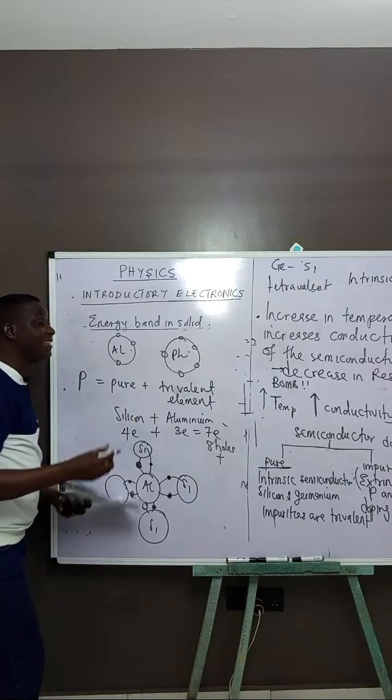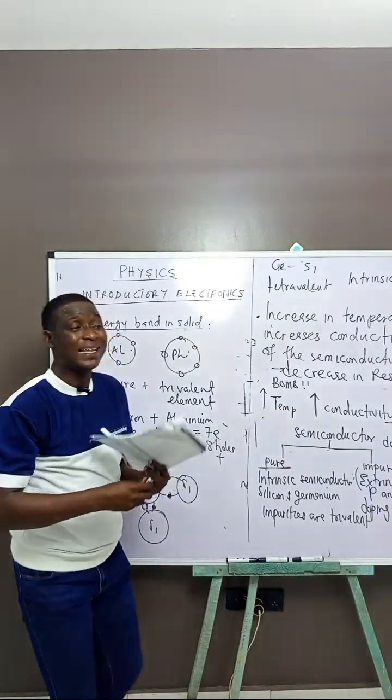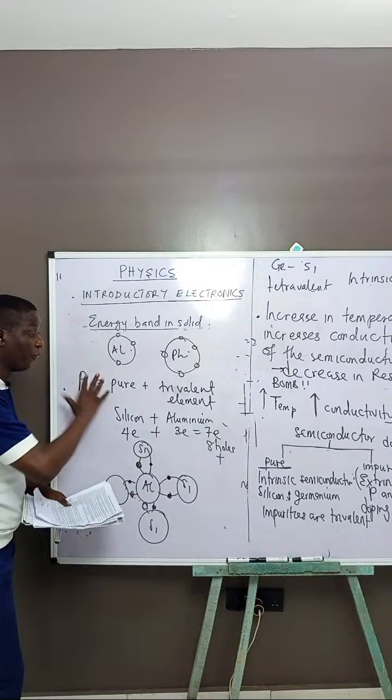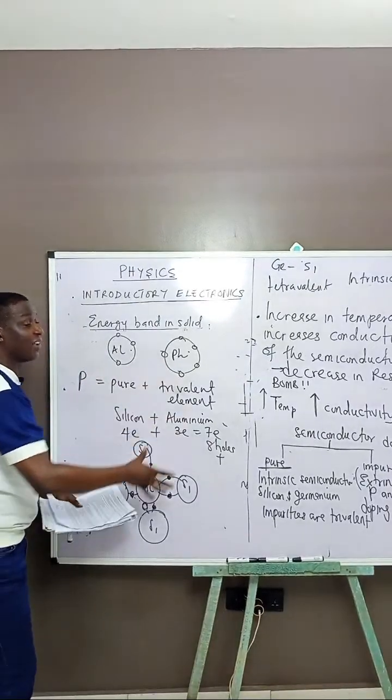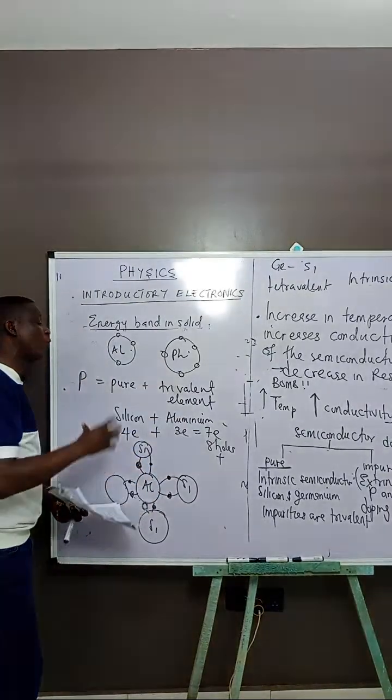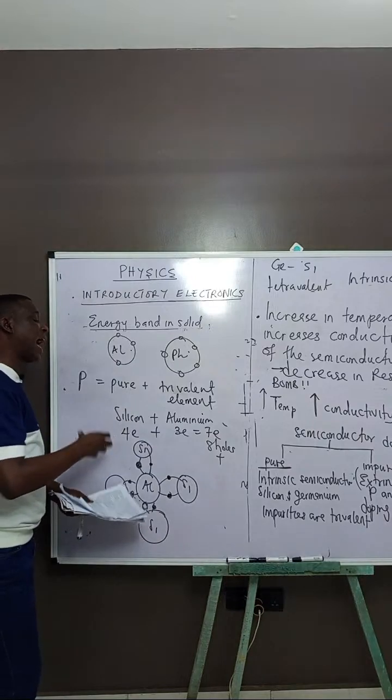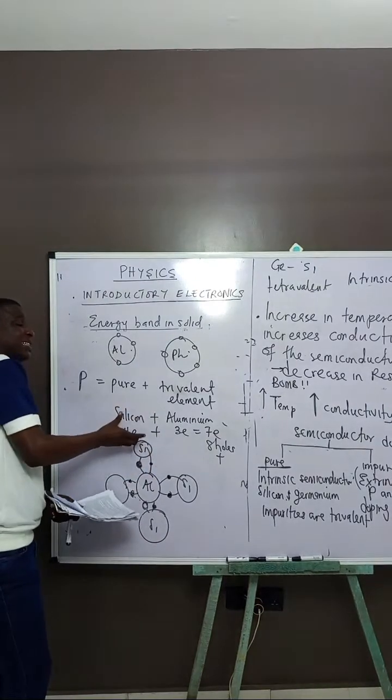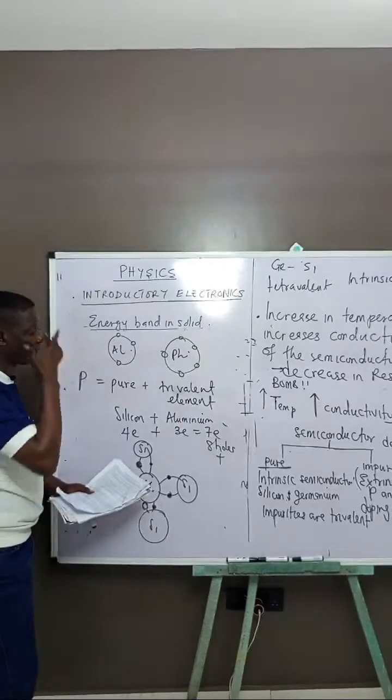So in the exam, they'll ask, what are the majority carriers of this particular crystal? The majority carriers of this crystal are holes, while the minority carriers are electrons. Please take note of that.